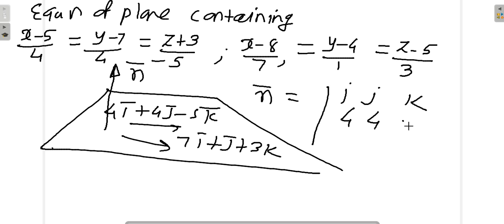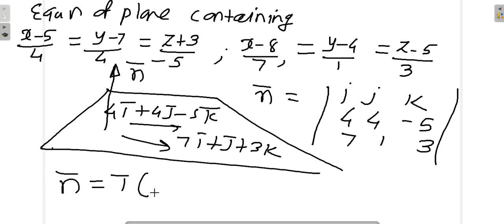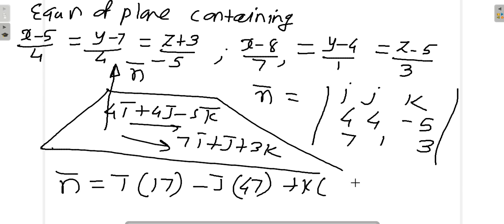4, 4, minus 5. And that gives me the normal vector as 12 plus 35, 47, minus j, 12 plus 35, 47, plus 4 minus 28, minus 24k.